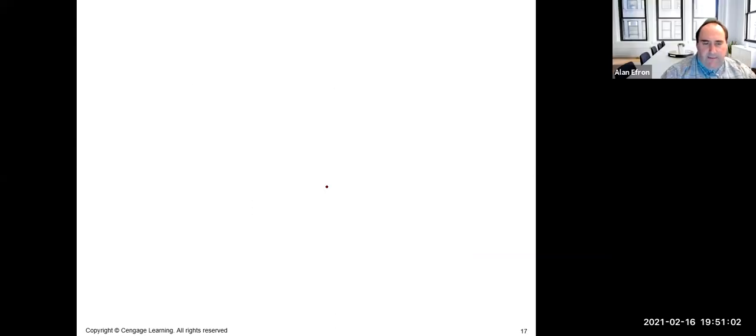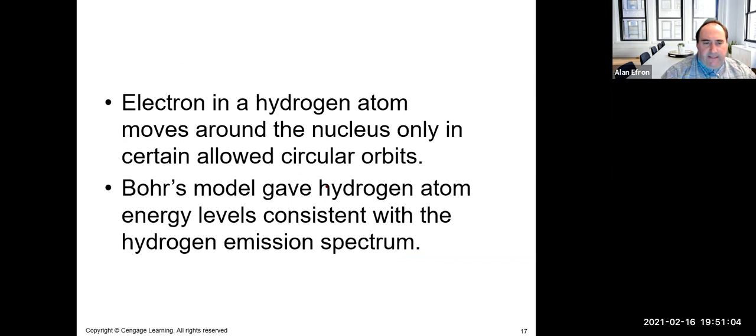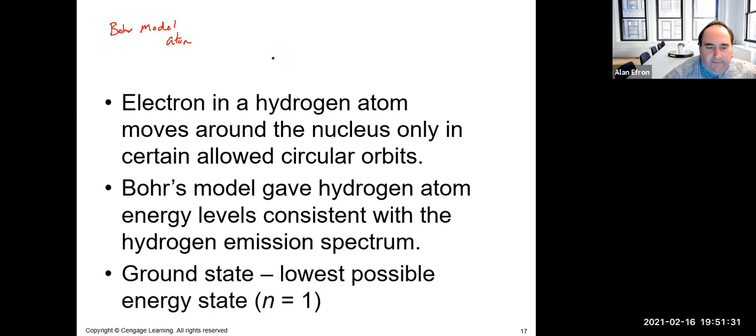So let's talk a little bit about these energy levels and what's happening. Electrons in a hydrogen atom move around the atom in a circular fashion. This is sometimes referred to as the Bohr model of the atom, a planetary model.